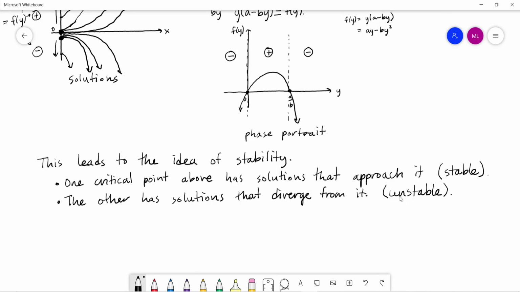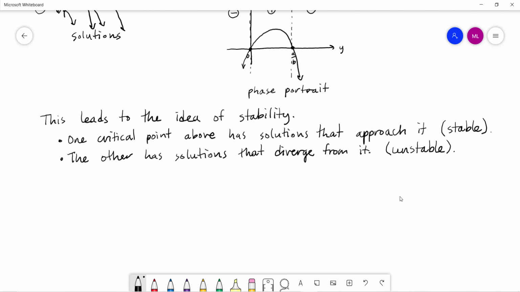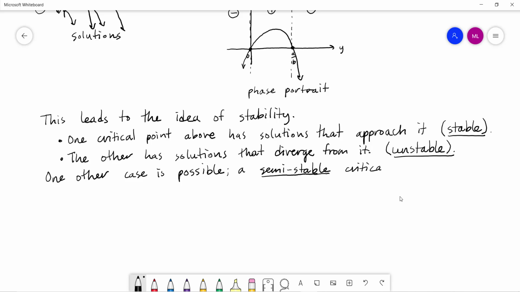One other thing that's possible is something called a semi-stable critical point. So we've got unstable, stable, and now we have a semi-stable critical point, or critical solution, or equilibrium solution.